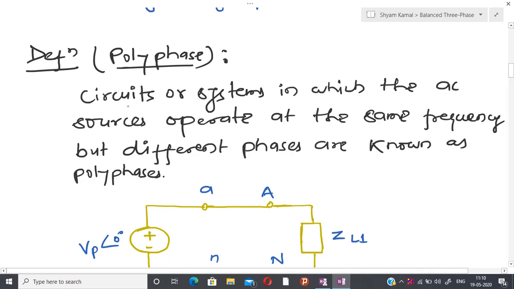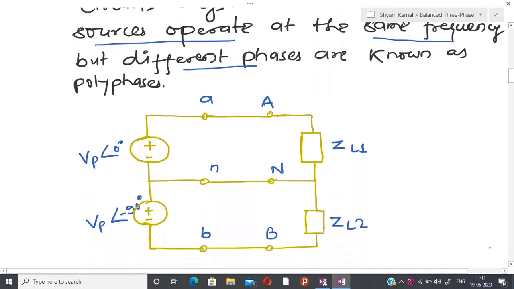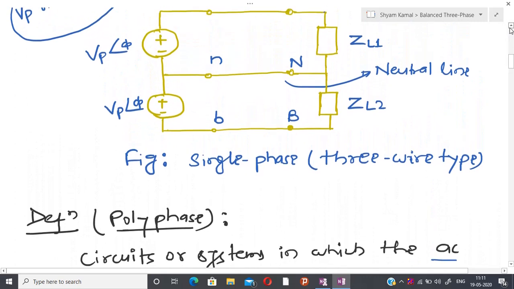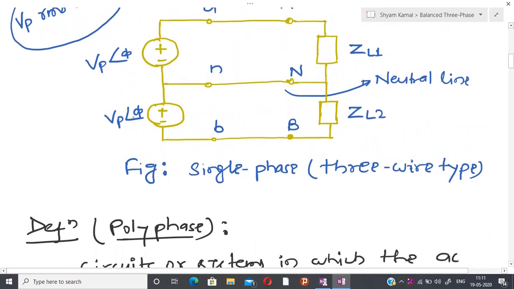Now we are going to consider circuits or systems in which the AC sources operate at the same frequency but different phase. So here frequency remains the same, but now I have different values of the phases. In the system I discussed above, frequency as well as phase are both the same.